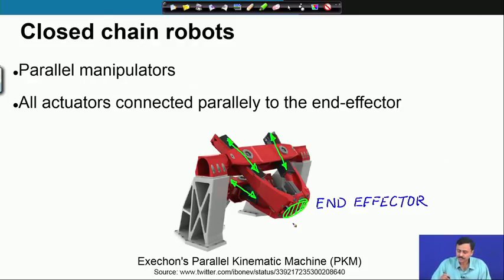As you can very easily see, there are no singular links as expected in a closed kinematic chain, no link with only one kinematic pair. So, we have a closed chain robot in which all actuators connect parallelly to the end effector.